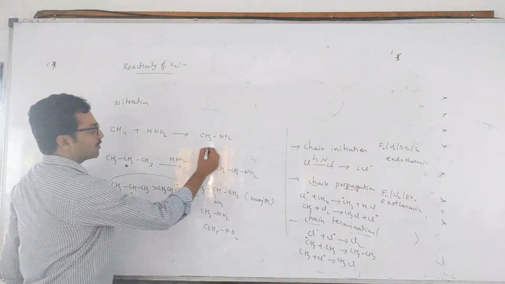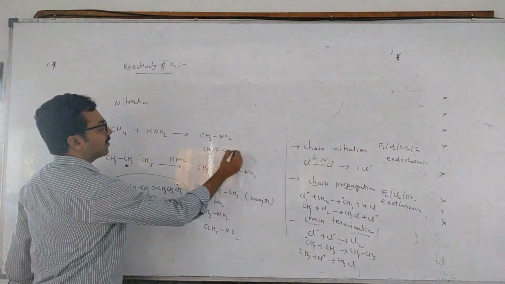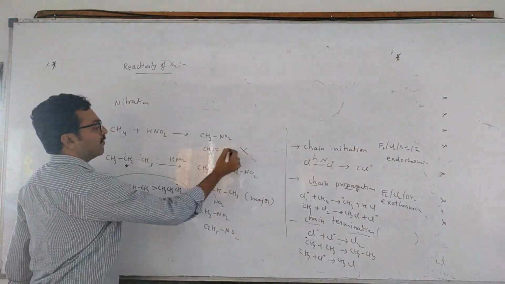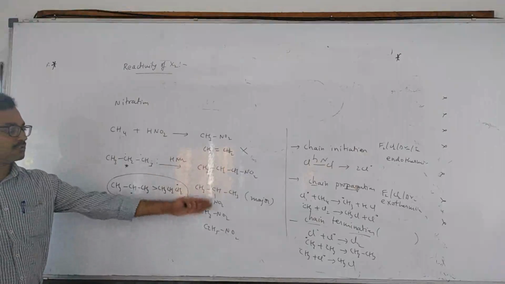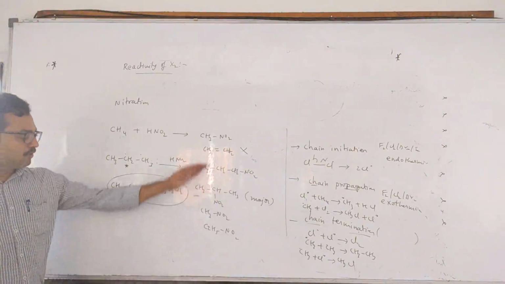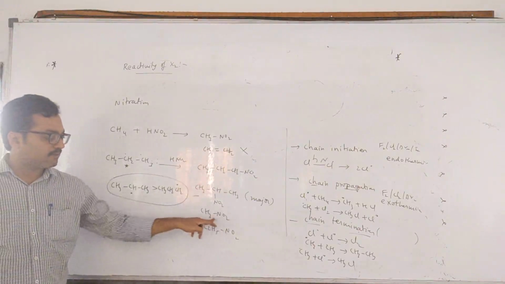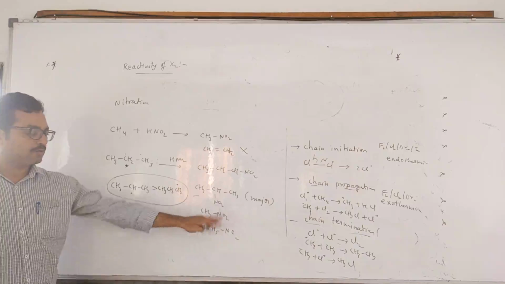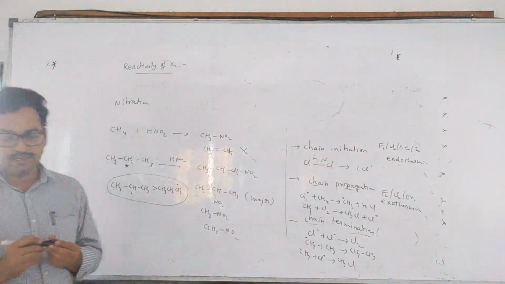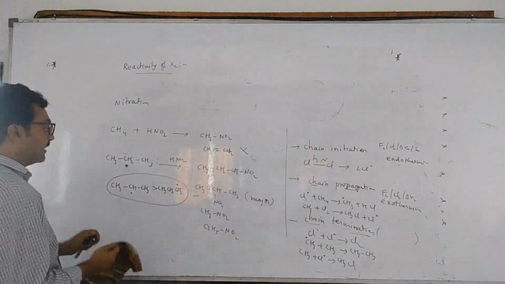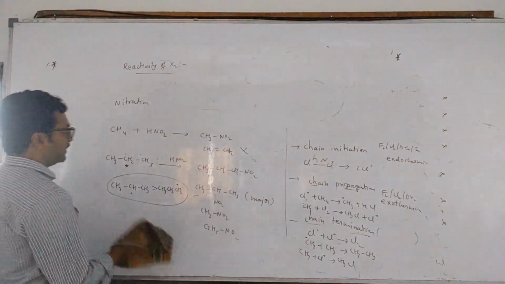And if an option is given like this, then this can't form. Alkene can't form. There is no chance. Nitro products can all form. So if you don't know this, you may pick the answer for methyl nitrate. You may think this can't form, but it is a chance, right? So this is nitration, children. Second example, and the last example is sulfonation.